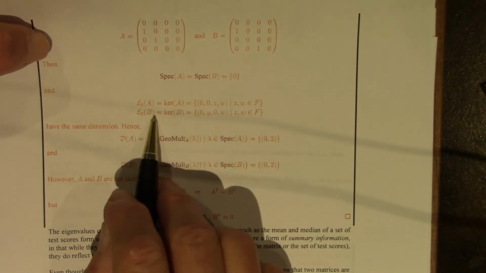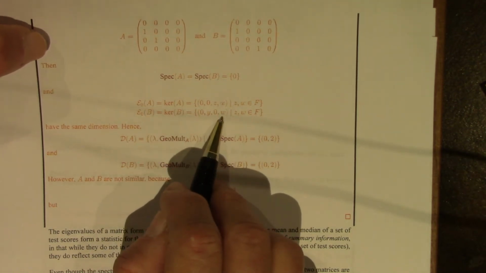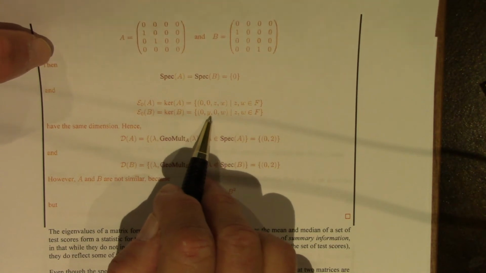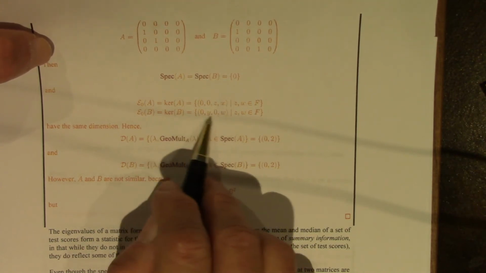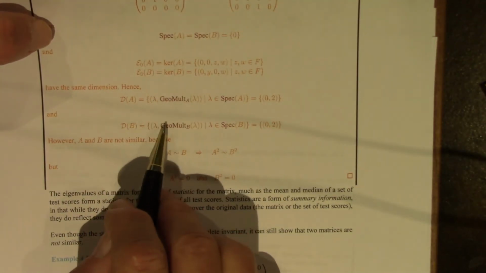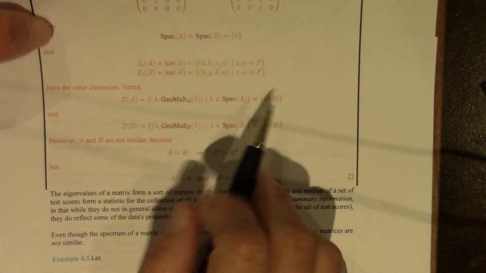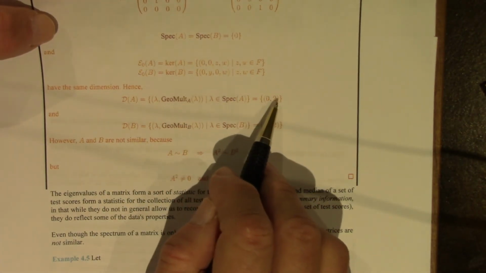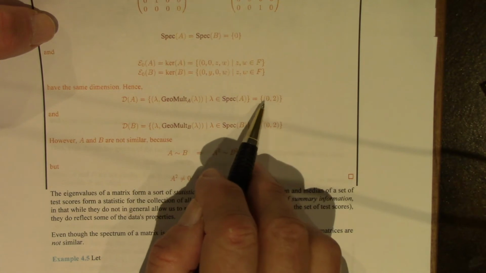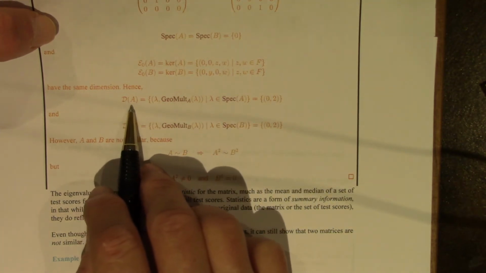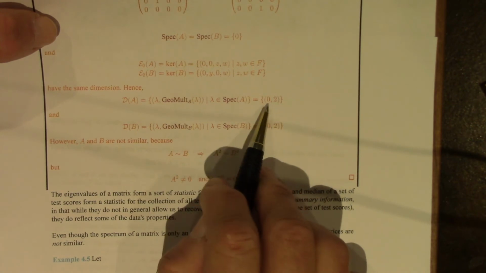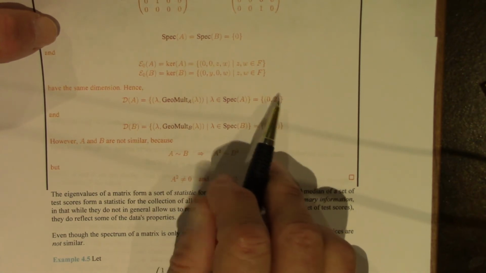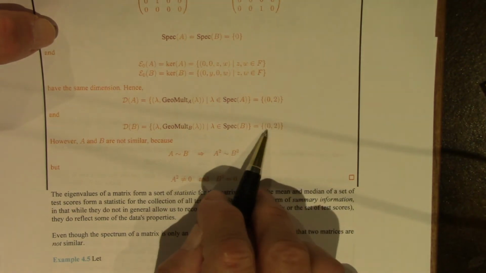And the eigenspaces are these two spaces. Same geometric multiplicity, two-dimensional subspaces. So since there's only one eigenvalue with geometric multiplicity 2, this set D of A contains only one ordered pair, lambda equals 0, geometric multiplicity 2, in both cases.